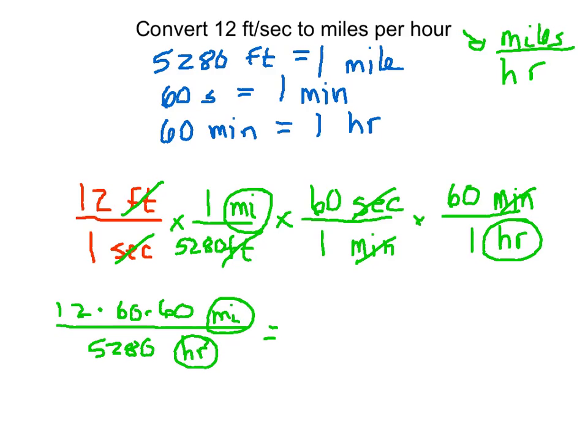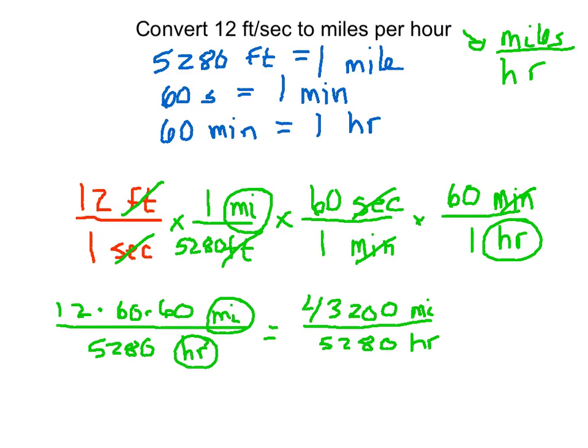So up top, if we were to multiply 12 times 60 times 60, we're going to get 43,200, and this is miles, all over 5,280 hours.